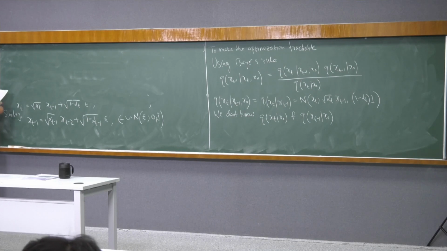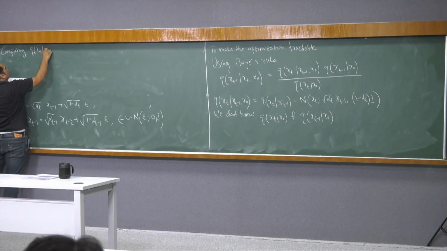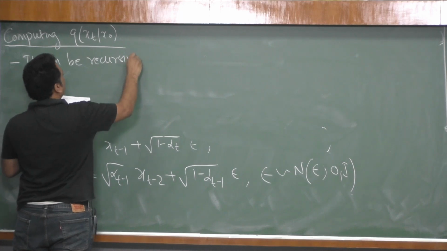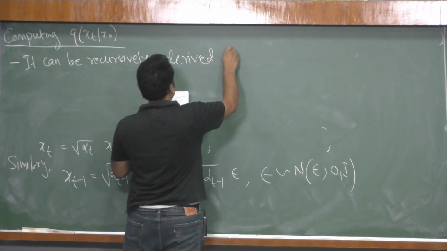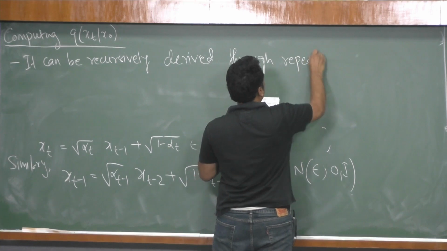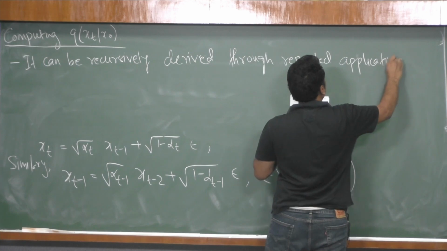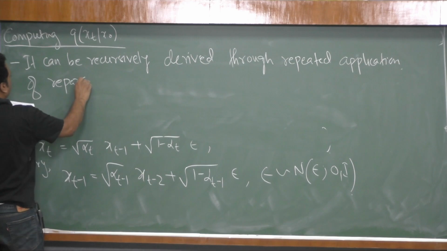So computing q of xt given x naught can be recursively derived through repeated applications of reparameterization, okay.